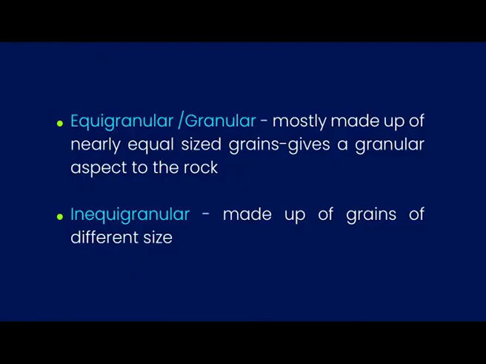When we examine a rock in hand specimen or thin section and find that most of the grains are of a similar size, we say that texture is called equigranular texture or granular texture. Inequigranular texture means the grains are of different size in the rock.